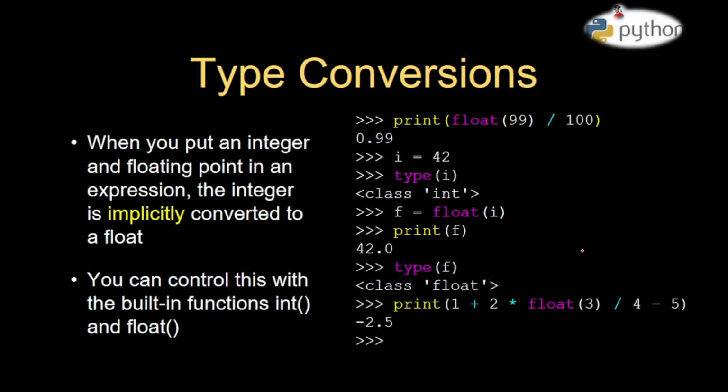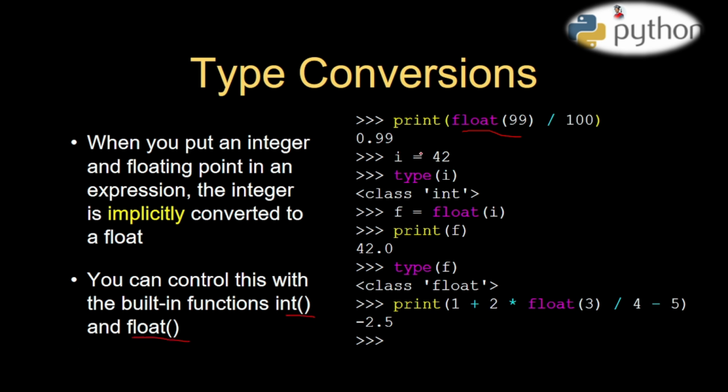The next one, type conversion. Just as I told you from the beginning, we use different type conversion functions: float, int, str, and the like. When you put an integer and a floating point in an expression or operation, the integer is implicitly converted to a float. You can control this with the built-in functions int and float.